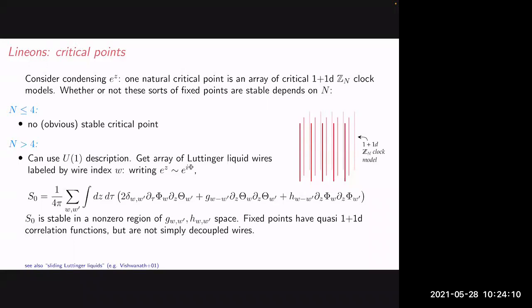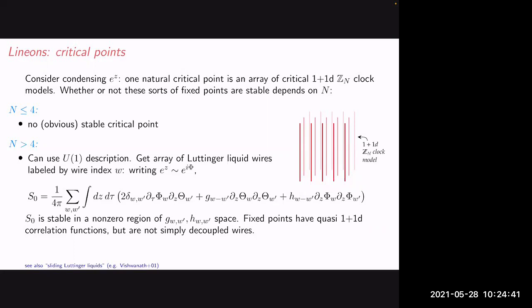On the other hand, when n is large, this is a familiar fact: you can use a U(1) description where you treat the Zn variables on each chain as U(1) variables with some anisotropy, and that anisotropy is irrelevant at the critical point. So in this example we take the X lineons and write them in a density phase representation with the fields phi and theta.